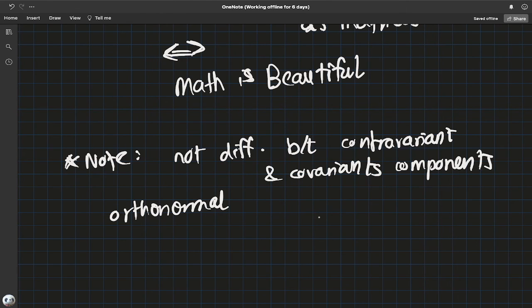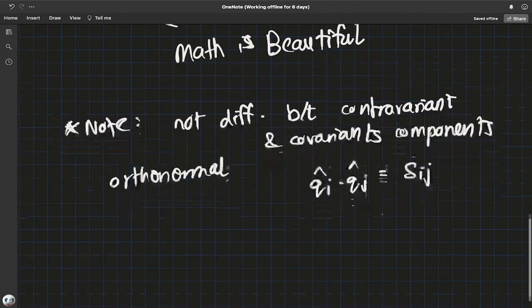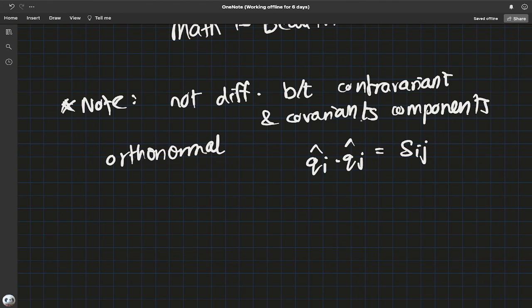So the dot product of even general curvilinear basis vectors is Kronecker delta ij, so we don't need to worry about them. For non-orthonormal or non-orthogonal systems, we need to worry about covariant and contravariant components, stuff that will basically give us Kronecker delta and stuff that won't. So further breaking down components to themselves. It's a complicated thing, and I'm not covering it in this series, because this is at the level of, say, introductory mathematical physics.